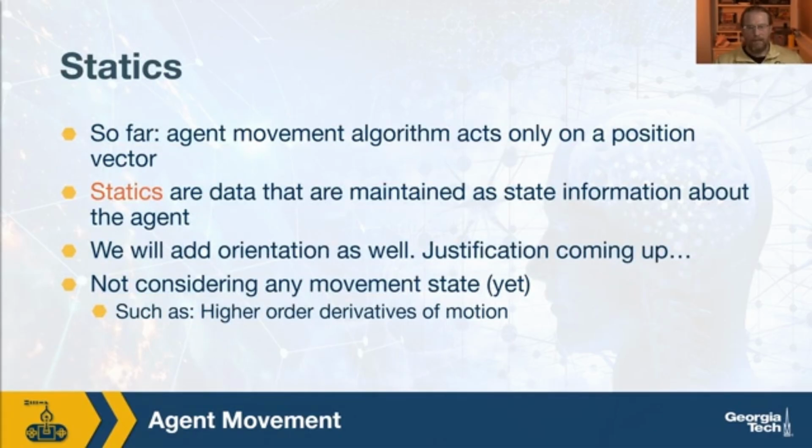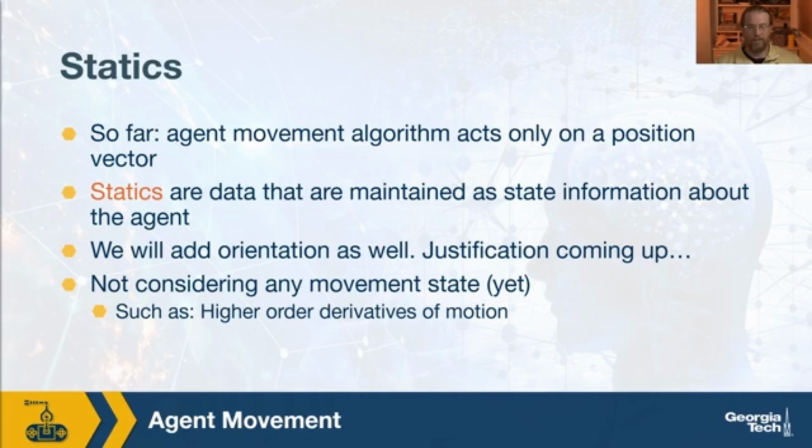All right, so now we have an agent that has this ability to do this basic movement. One thing that I wanted to point out is that we can think of the position of the player as this static information. In fact, in the Game AI book, the Millington book, he refers to this as statics.